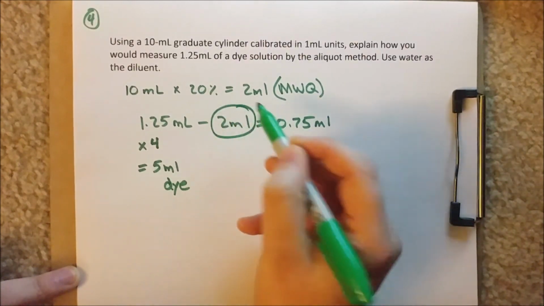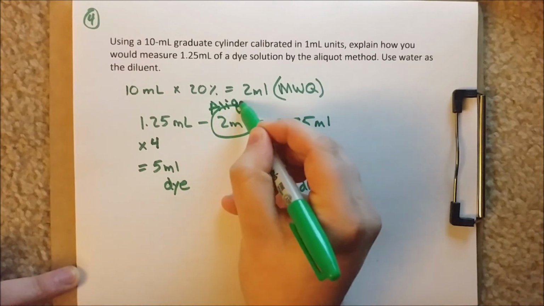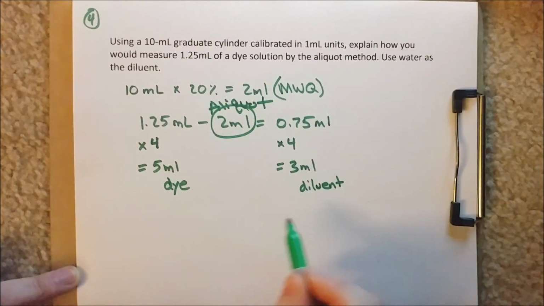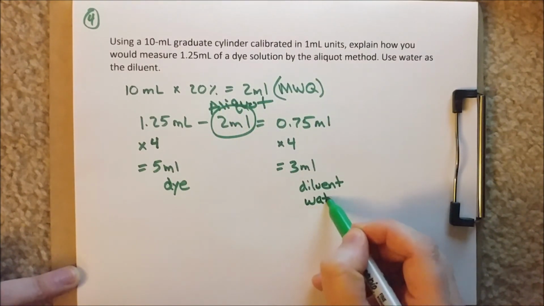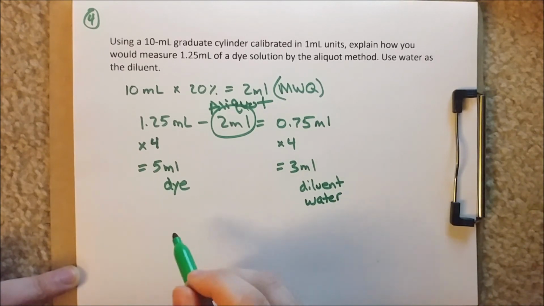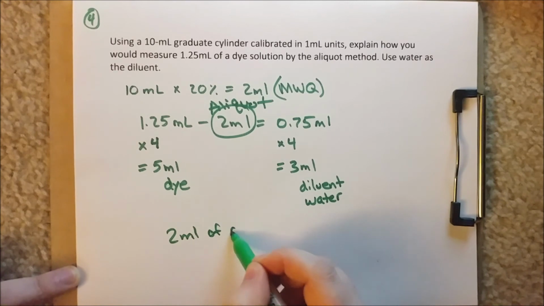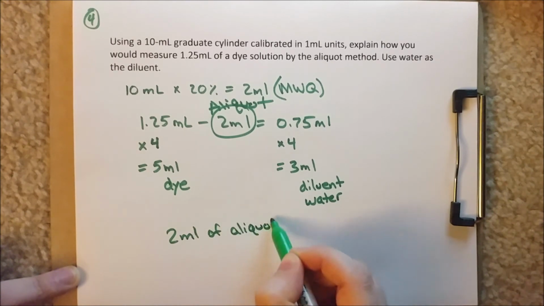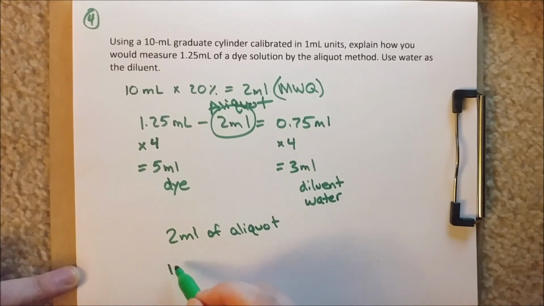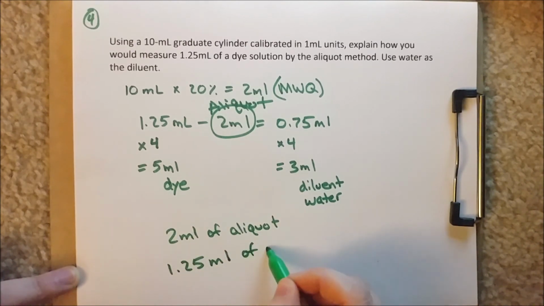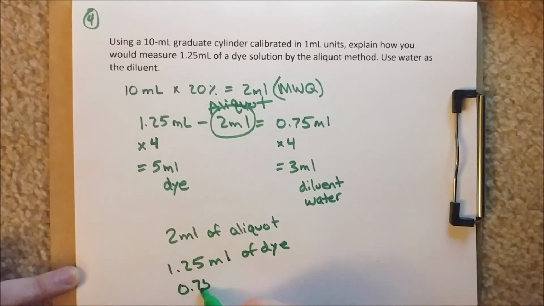Keep in mind that this is our aliquot. And this is water in this case. So every 2 milliliters of aliquot will have 1.25 milliliters of dye and 0.75 milliliters of water.